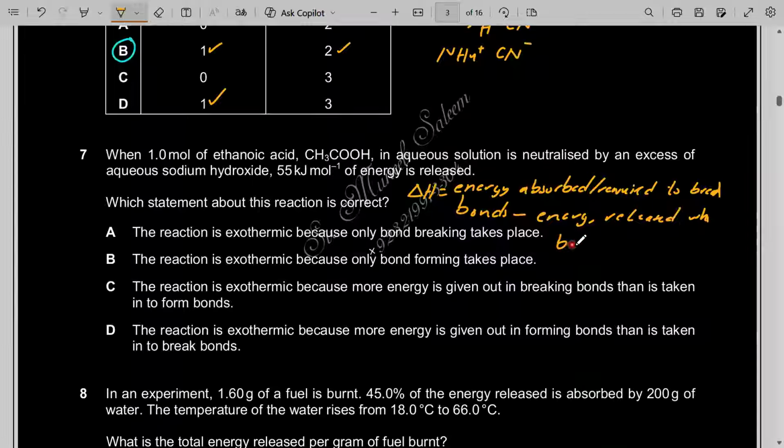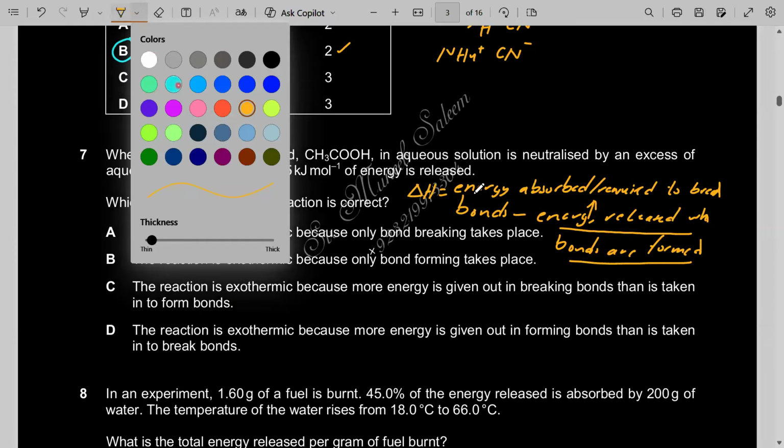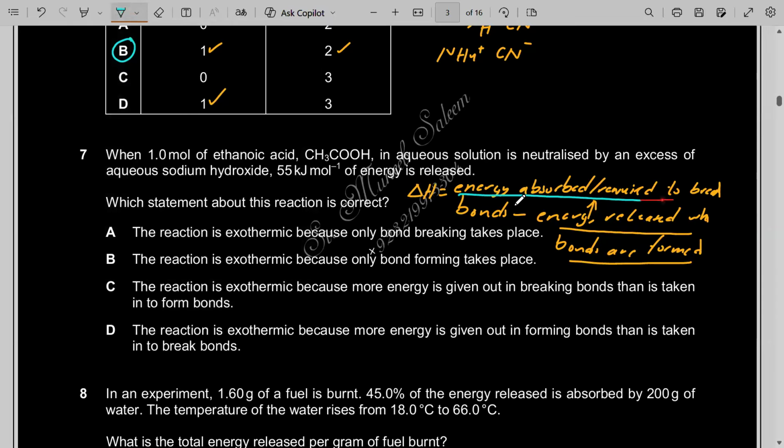So this is the same terminology used here. And according to this, a reaction is exothermic when the value of the energy released is higher as compared to the energy that is taken in when the bonds are broken.